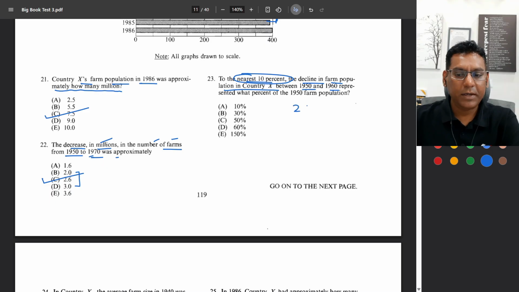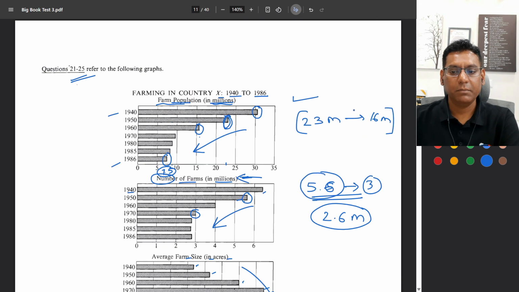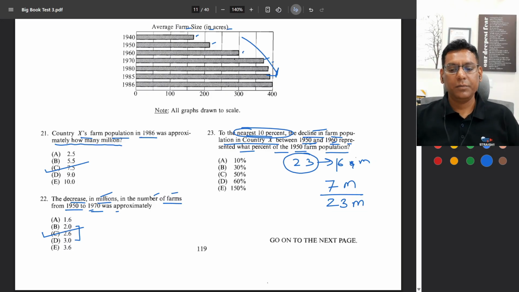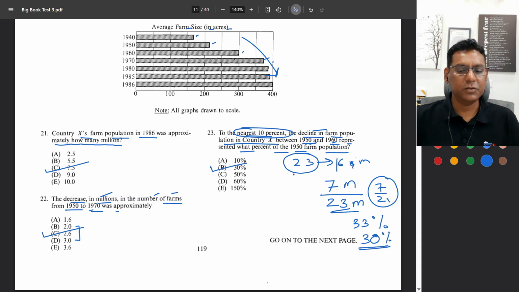This decline from 1950 to 1960 represented what percent of the 1950 farm population? What percent of 23, they are asking. So it went down by 7 million on the base of 23 million. If it was 7 by 21, the answer would have been 33%. But the base is a little bigger, so the answer is going to be a little smaller. So something like 30%. Somewhere close. Answer choice 3.